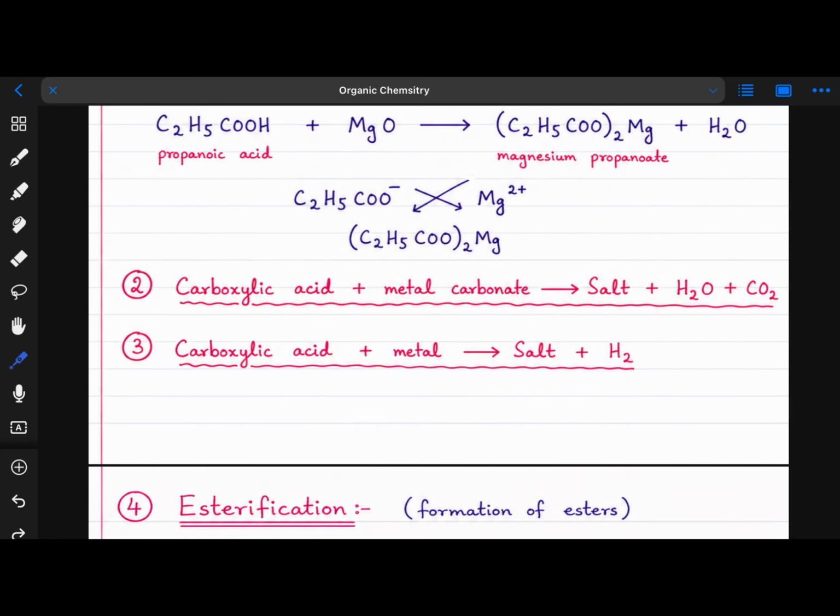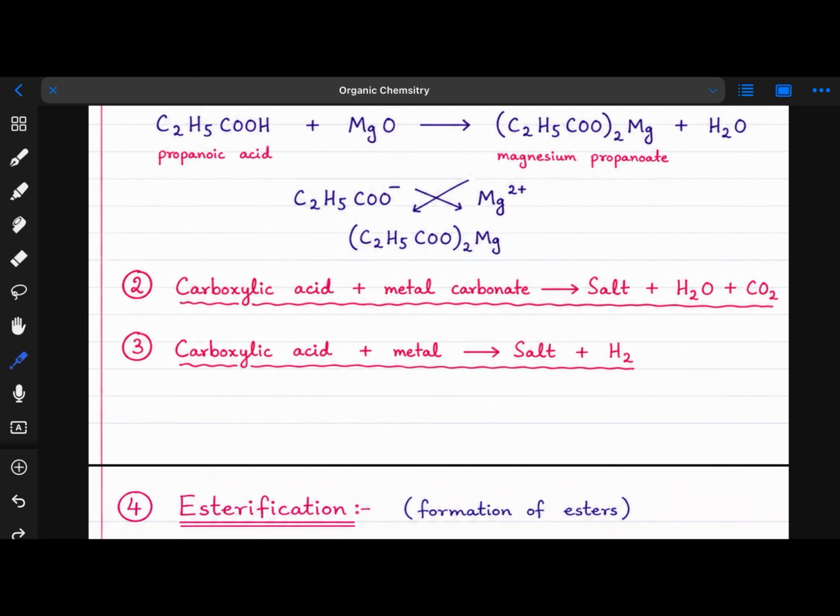Now, another example here is of propanoic acid, which reacts with magnesium oxide to form magnesium propanoate along with water. Now, magnesium propanoate is formed when the hydrogen in the propanoic acid is replaced by magnesium. Now, here we have 2 ions. The first one is propanoate with a 1 negative charge, and the second one is our magnesium ion with a 2 positive charge.